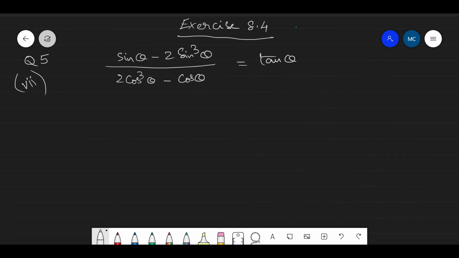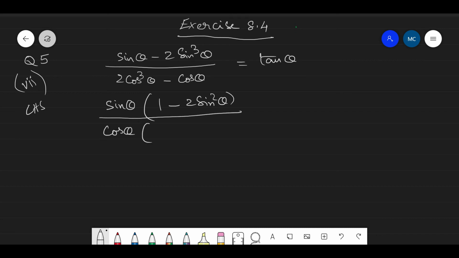The next problem is sin theta minus 2 sin cube theta by 2 cos cube theta minus cos theta. And you have to prove this is equal to tan theta. So we will take this LHS first. And here you can take sin theta common. Sin theta into 1 minus 2 sin square theta by, in the denominator we will take cos theta common.